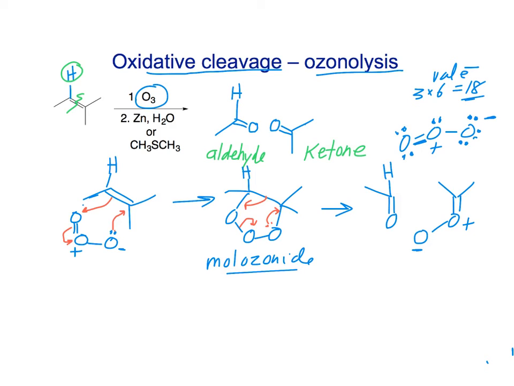Okay, now the amazing part of this reaction is that these two pieces break apart and then they recombine. All right, so we're going to rotate this molecule around. And I'm going to draw the same two structures, but the one on the right is going to be facing the other direction.